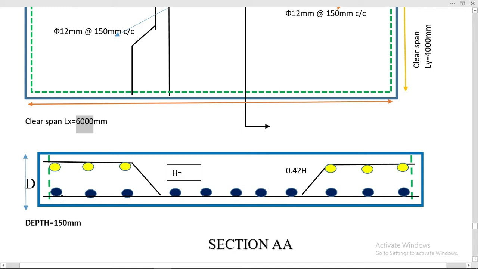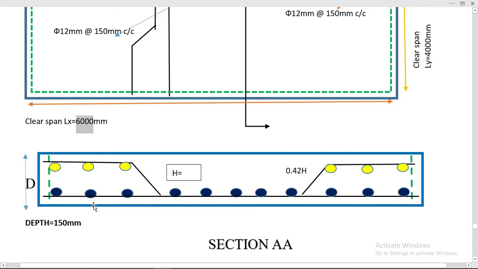This is called alternative bent-up bars. So the bend length formula for this, and for this same formula, is 0.42 h, and the bend length of this bend and this bend will be the same because the depth is the same.